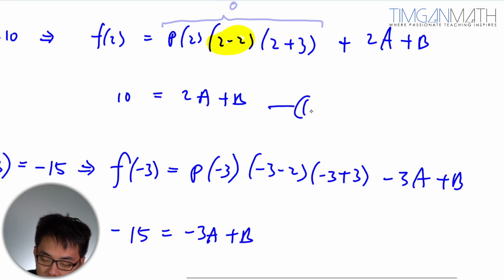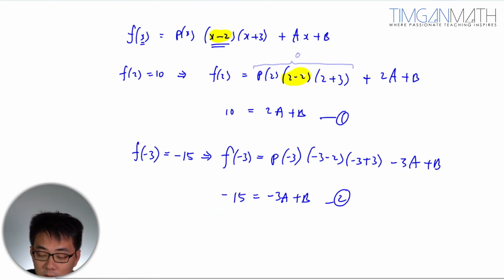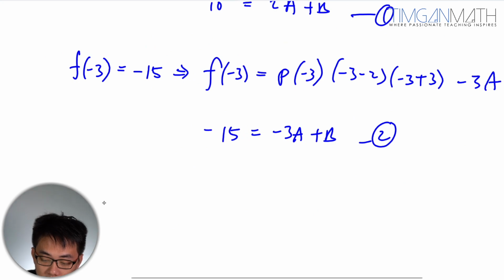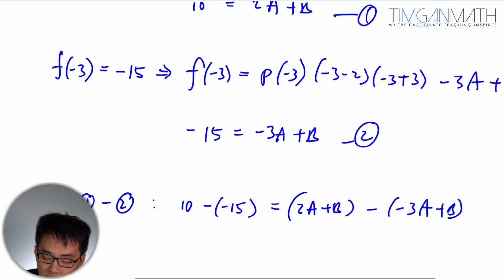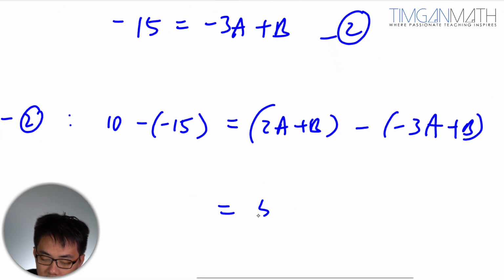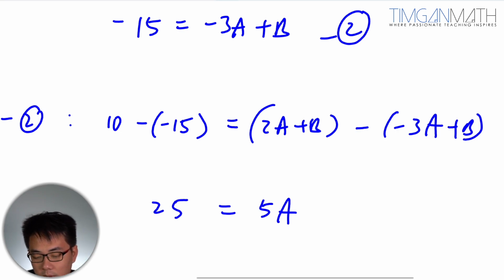So we have equation 1 and equation 2, and we can solve these simultaneously. What I'm going to do is take equation 1 minus equation 2. That will give us 10 minus negative 15, which is 25, equals 2a plus b minus negative 3a plus b, which gives 5a.